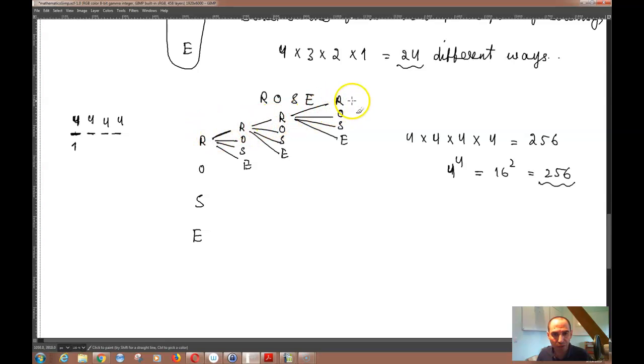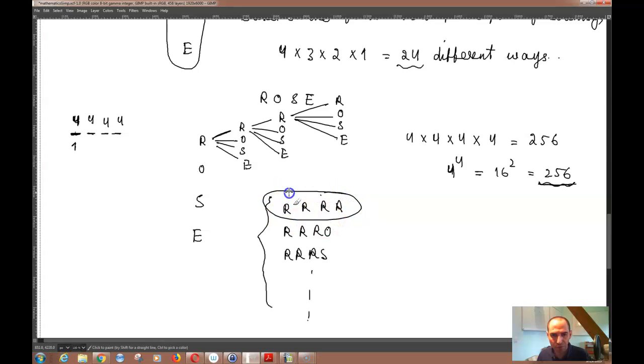you're not repeating anything, meaning that, for example, as the first choice you have R, R, R, R. As the second choice you have R, R, R, O. As the third choice you have R, R, R, S. So in effect you're not repeating anything, meaning that if you count the number of words as 256, you could not get two of the same one.